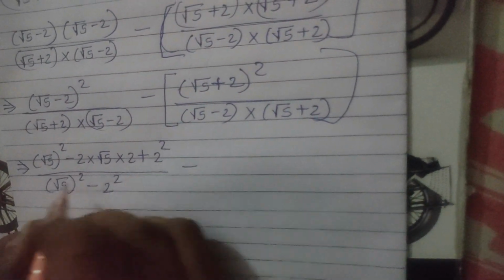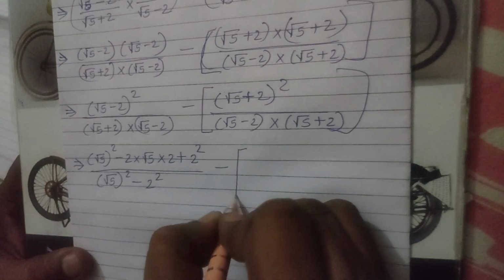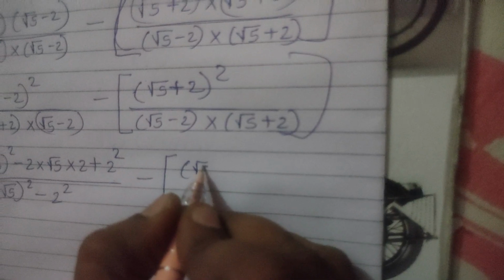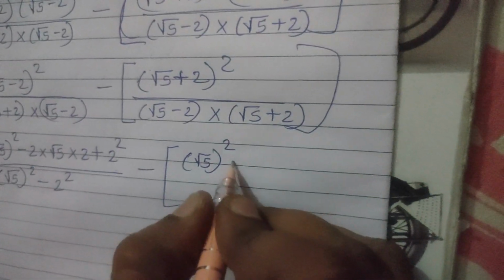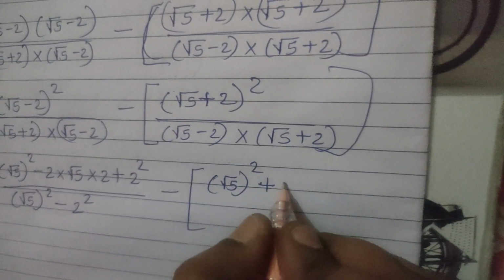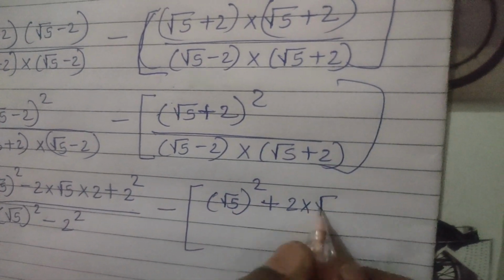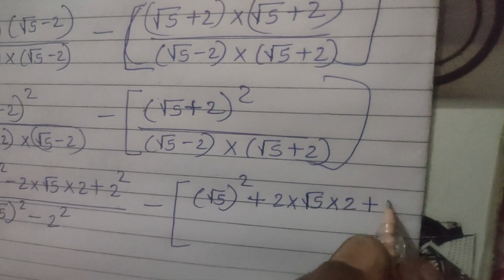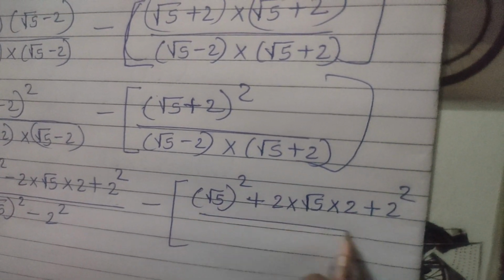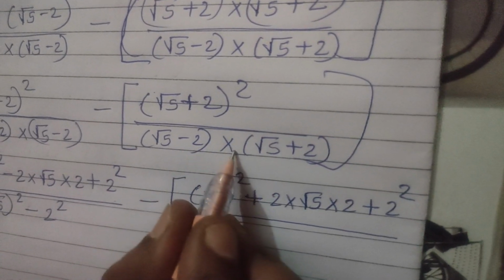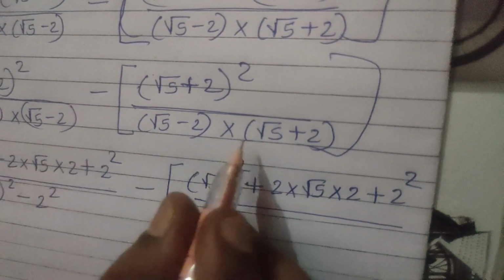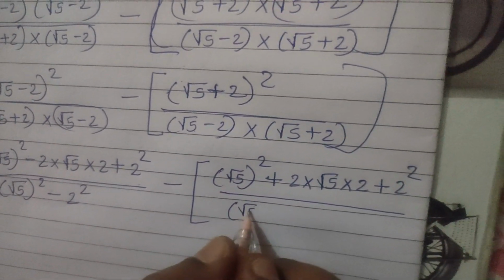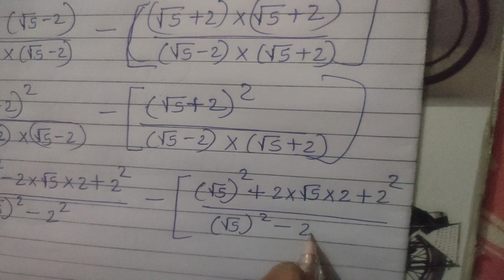Now minus sign, you can take this also in bracket. Now here a plus b whole square will be equal to a square, that is root 5 square, plus 2 into a, that is root 5, into b, that is 2, plus b square, that is 2 square, upon a minus b into a plus b, again third identity. So it will be a square, that is root 5 square, minus b square, that is 2 square.